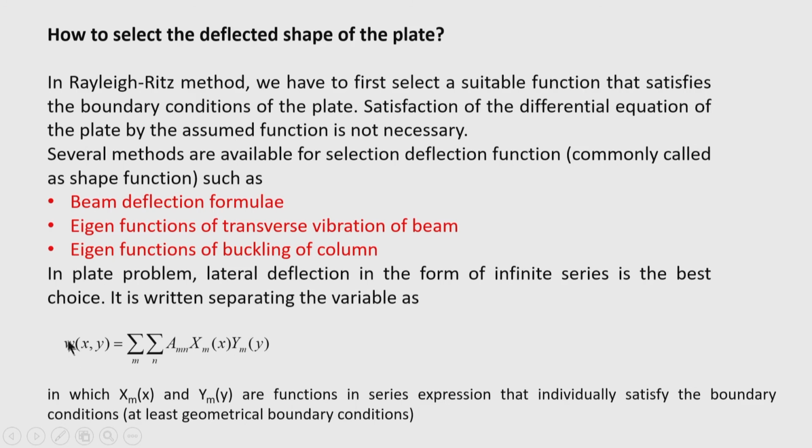This is one method that can guide the analyst to choose the shape function, or the deflected surface of the plate, to be applied in Rayleigh's method. Okay. Then another possible method is the eigenfunction of the transverse vibration of a beam.